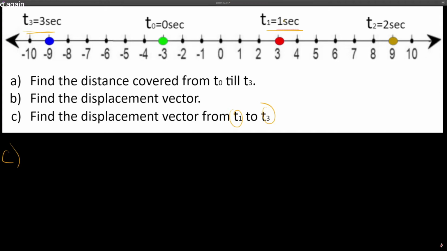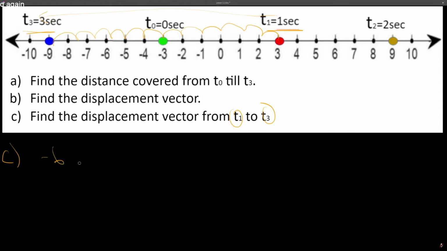Now, of course, as stated earlier, from t1 to t3, it's the displacement, so we just draw a line straight from it. We don't follow any path, and we just count 1, 2, 3, 4, 5, 6, 1, 2, 3, 4, 5, 6, and we get the addition. Now, what's important is when we add displacement vectors.